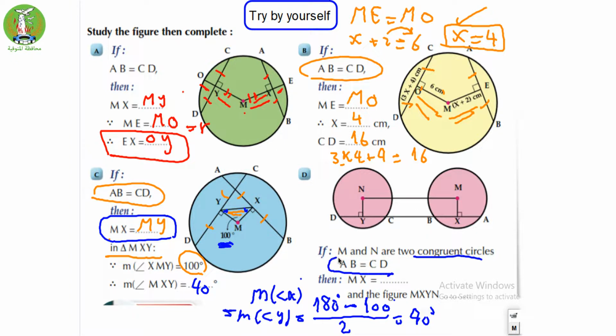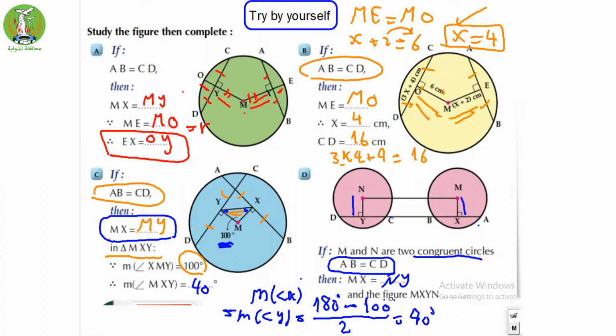Since AB equals CD, these two chords in the two circles are equal in length, then the length of the distance here equals the length of the distance here. Then MX equals NY.